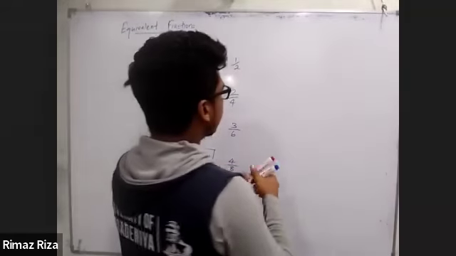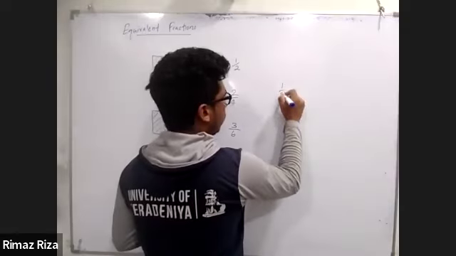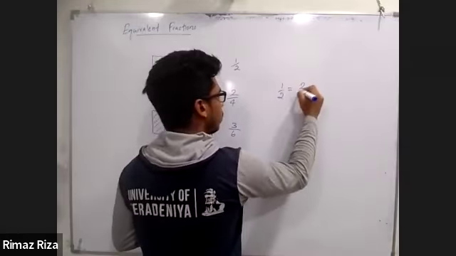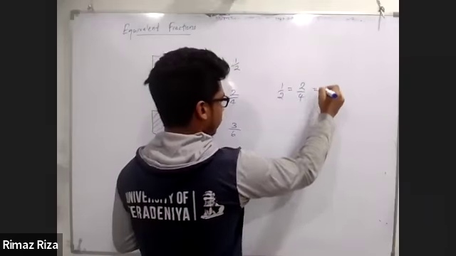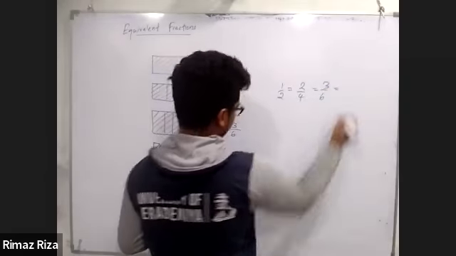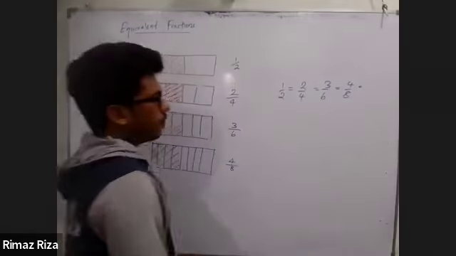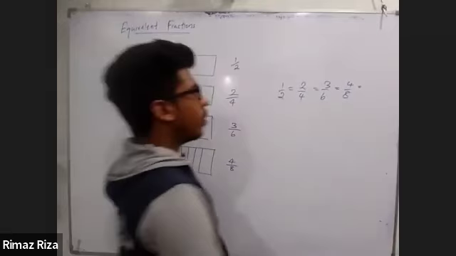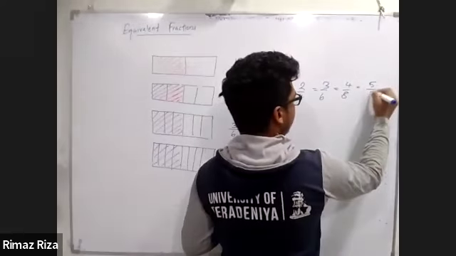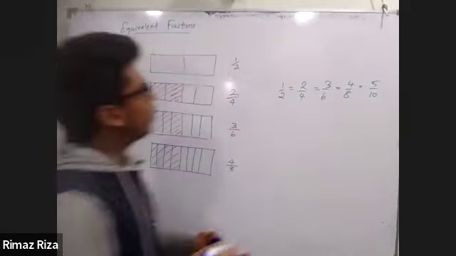Okay. So I can write 1 over 2 is equal to 2 over 4 is equal to 3 over 6 is equal to 4 over 8. Okay. If I want, I can write one more, 5 over 10. Okay.